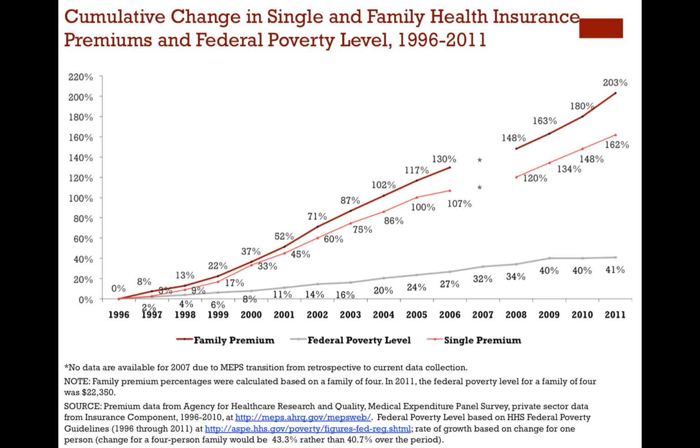If you look also at the family premiums or single premiums, those have gone up between 162 to 200%, while the federal poverty line has only gone up about 41%, meaning the cost of insurance has skyrocketed. It's been a dramatic increase, but your eligibility for government insurance has not.